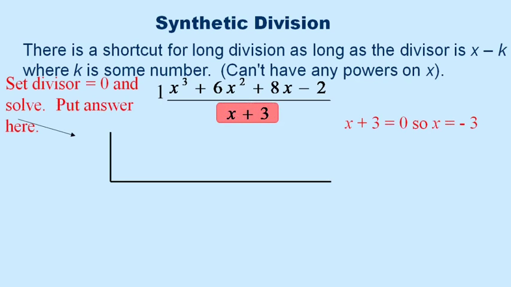The first step is to set the divisor, meaning the denominator, which is highlighted on your screen, equal to 0. As you can see on the right hand side of your screen, the divisor is x plus 3, which equals 0. When I bring this positive 3 to the right hand side, it becomes negative 3.